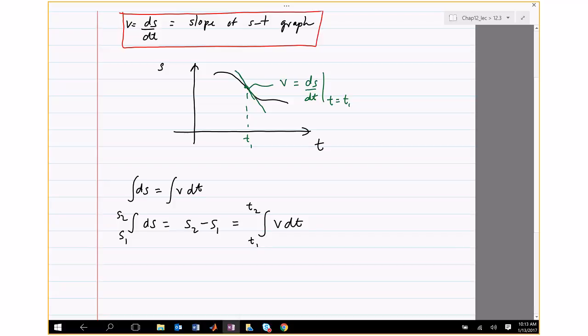So this is nothing but the area under the vt graph.